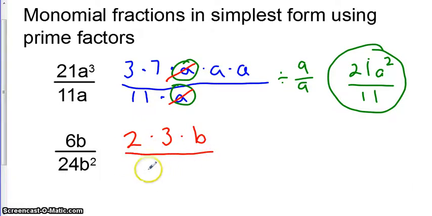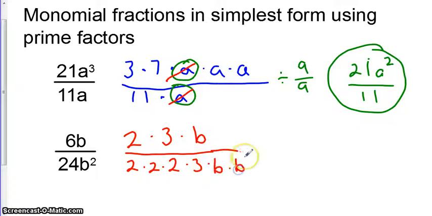The denominator, 24. 24 we can say 3 times 8. 8 is not a prime factor. 8 is 2 times 4, or 2 times 2 times 2. So we have a lot of 2's here. 2 times 2 is 4, times 2 is 8, times 3 will get us our 24. And we have two b's.